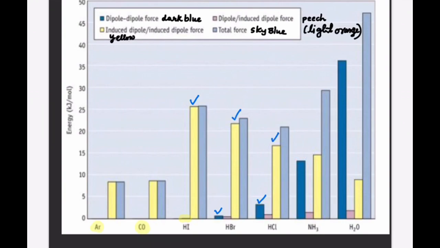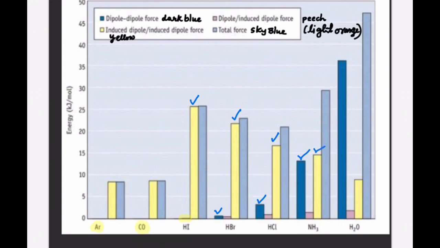In the case of ammonia, we know that it does hydrogen bonding, but it is interesting to know here that this dipole-dipole interaction is the contribution of hydrogen bonding. And the yellow bar, you can see, is the contribution of induced dipole or London dispersion forces.